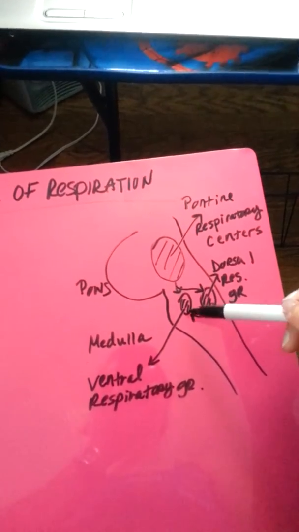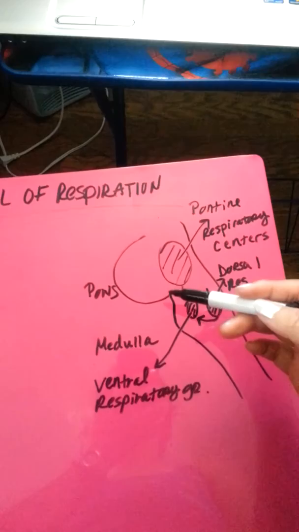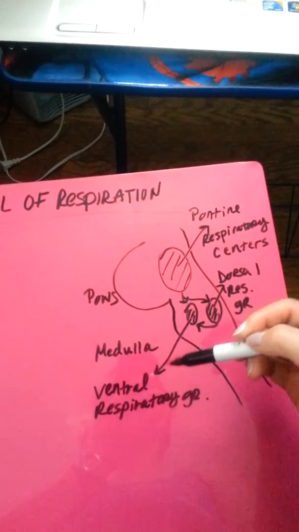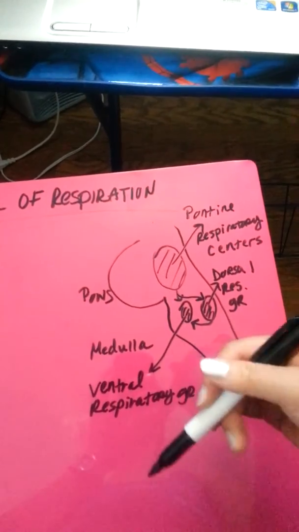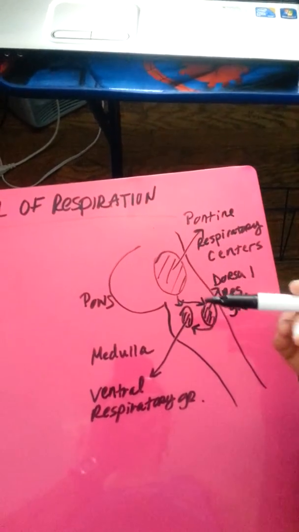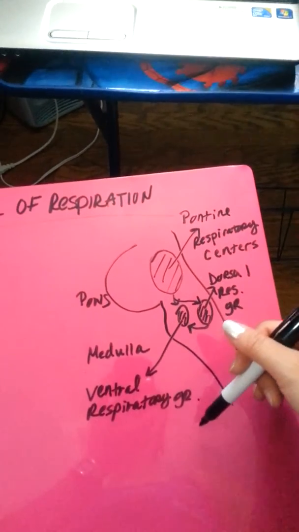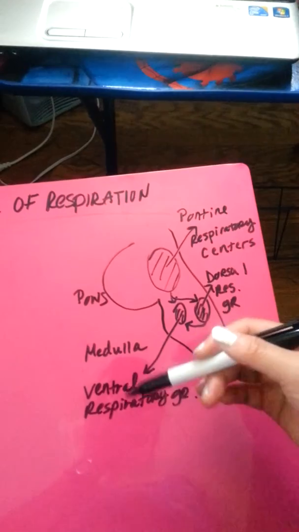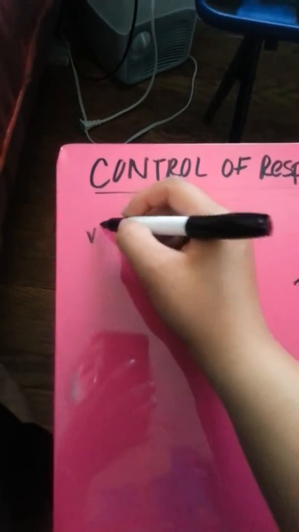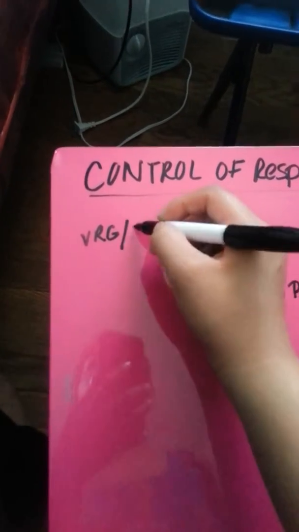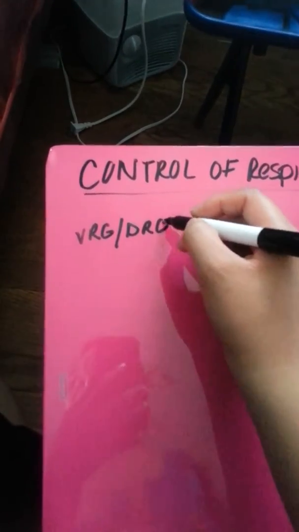That's why we have an arrow right here. And again, the VRG contains rhythm generators whose output drives respiration, hence why it's in control of the diaphragm and the external intercostal muscles.